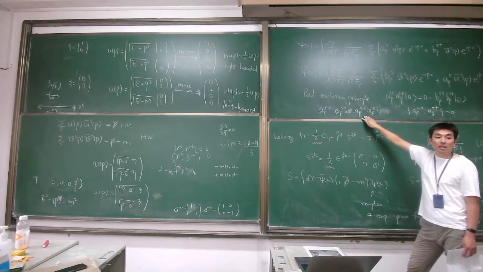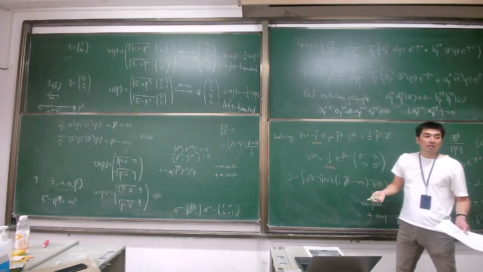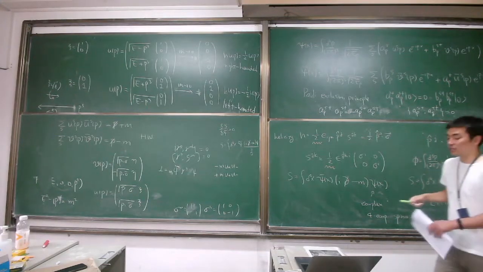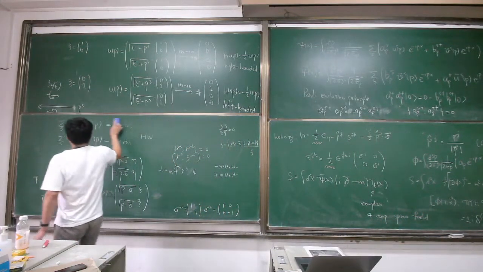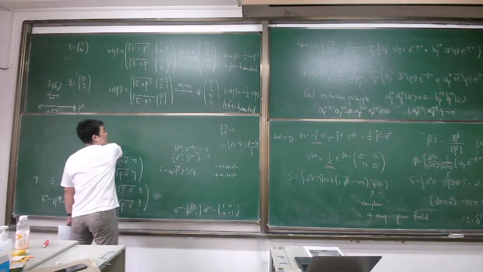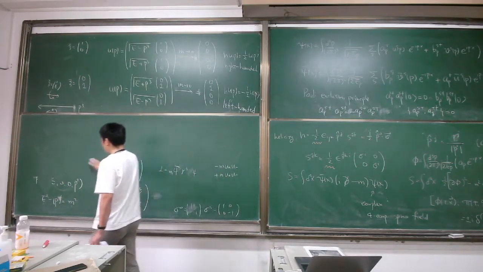Therefore, it should be 0. Do you understand? So for fermions, what we need to impose is the anticommutation relation instead of the commutation relation for canonical quantization, due to the Pauli exclusion principle. That's what physics tells us, that's what nature tells us, so let's impose the anticommutation relation for canonical quantization.